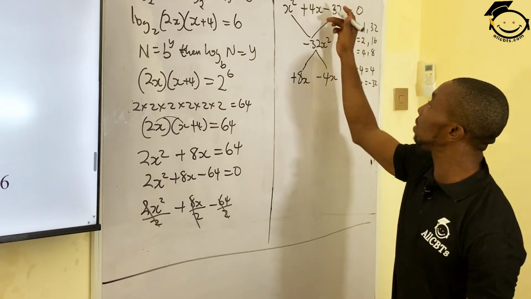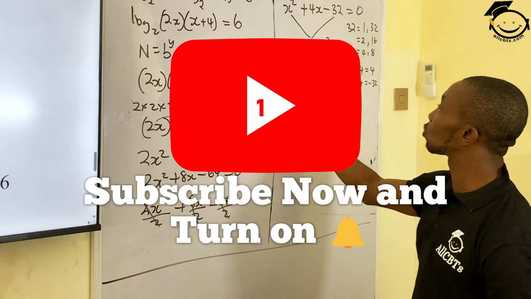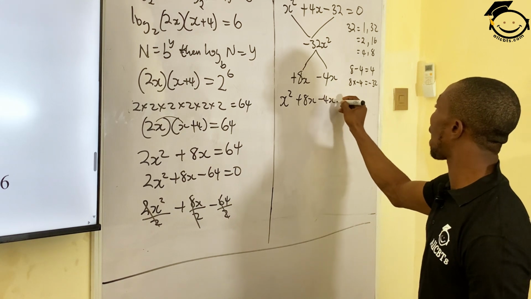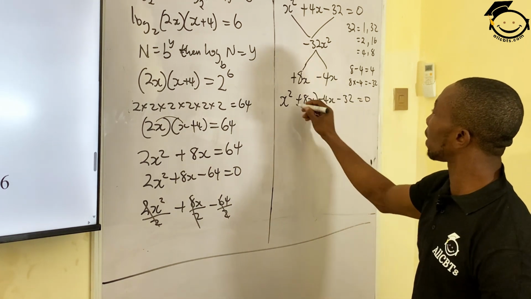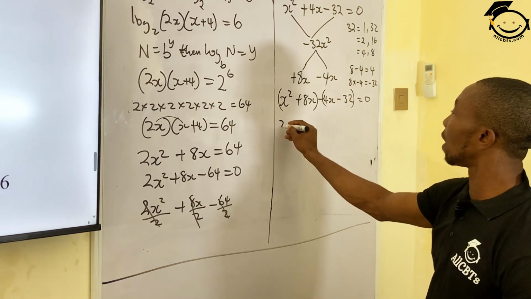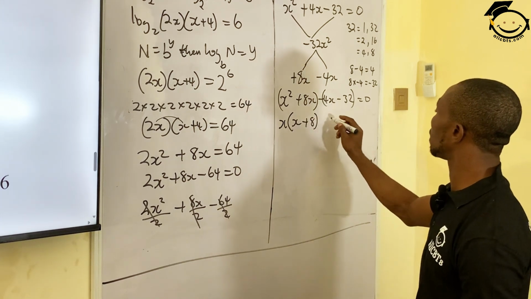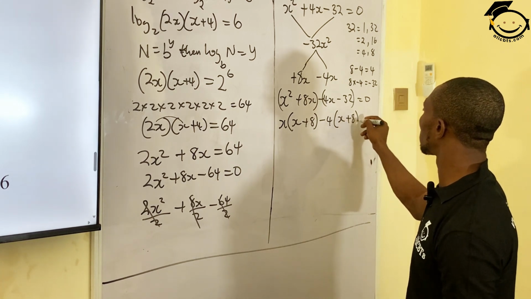So now replacing plus 4x with this, we are having x squared plus 8x minus 4x minus 32 equals 0. Now factorizing these two, what's common here is x, bracket x plus 8. What's common here is 4, bracket x plus 8.